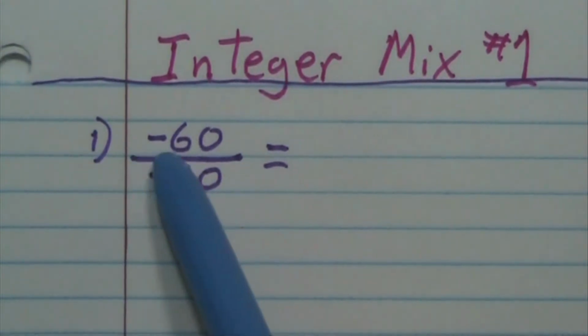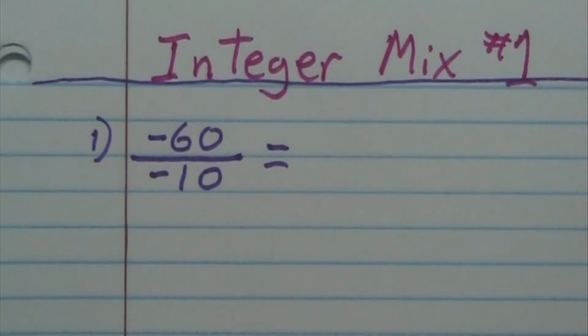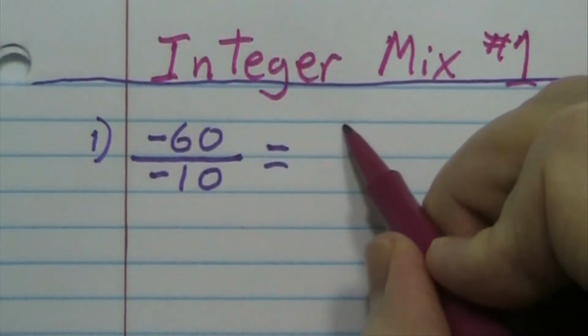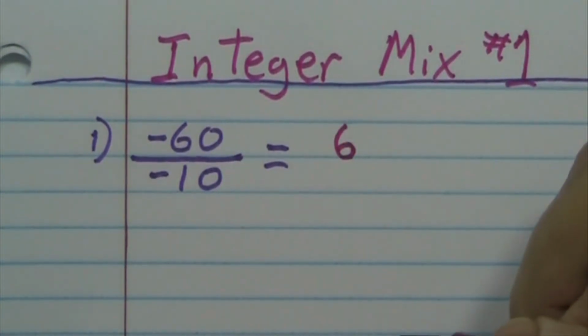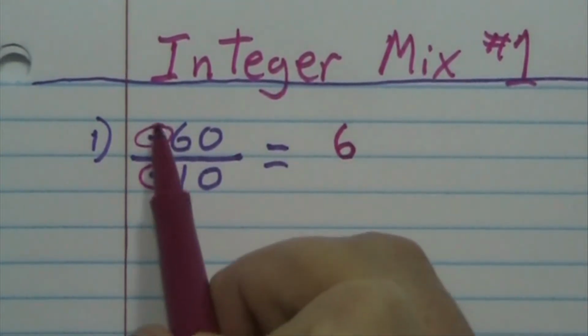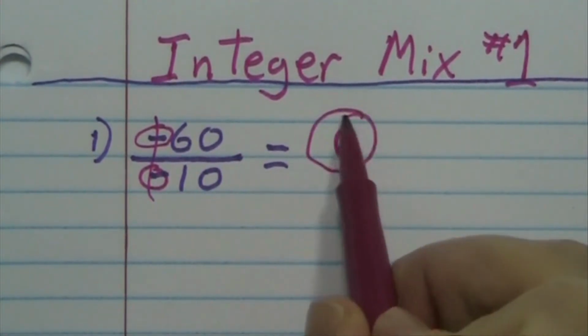So our first one is negative 60 divided by negative 10. Okay, well, 10 goes into 60 6 times. And then I count my negatives. Here's one negative, two negatives canceled. So the answer is just 6.